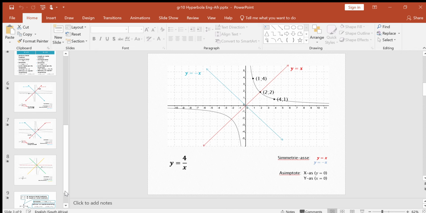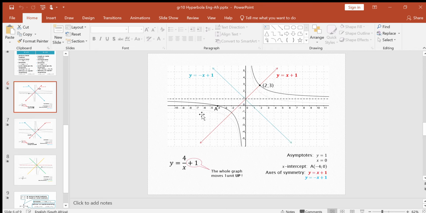Net gou hierby kom. Okay, so daar sien jy nou jou asymptote, nee? Y is equal to 1, x is equal to 0. Okay, now, all of a sudden, we now have our graph passing through one of our axes. Nee? So, onthou jy voorheen by al jou grafieke het ek vir jou gesê, as hy ooit deur enige van jou asse sny, dan moet jy vir my daai punt gee.